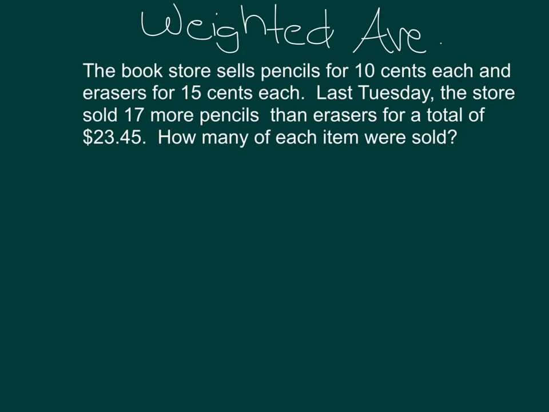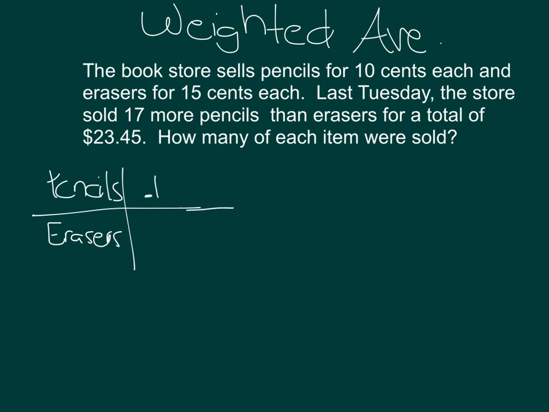Alright, so in my chart, I know that I'm going to be talking about pencils and erasers. Sorry, that top word says pencils. And what do I know about them? Well, I know the pencils are 10 cents each, so I'm going to put 10 cents. And I know the erasers are 15 cents each, so I'm going to put 15 cents.